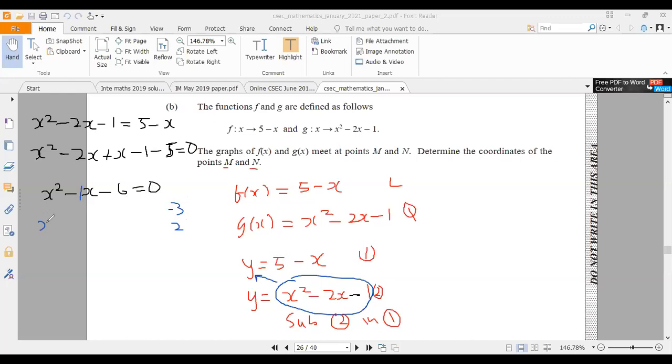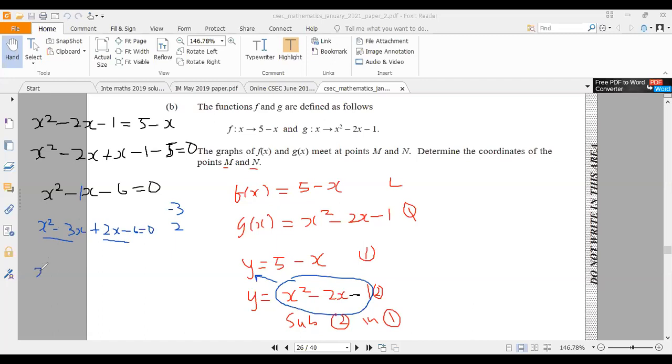So it'll be x squared minus 3x plus 2x minus 6 is equal to 0. Then factorize the first two and the what? Last two. My common factor here is x.